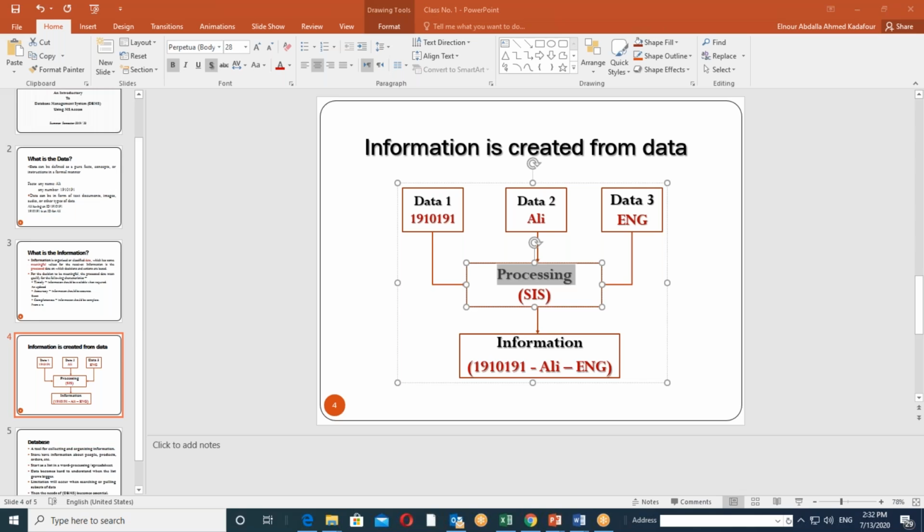It will not give you a meaning by itself, while information is the processed data. So this is simply what data is and what information is, with examples of each.